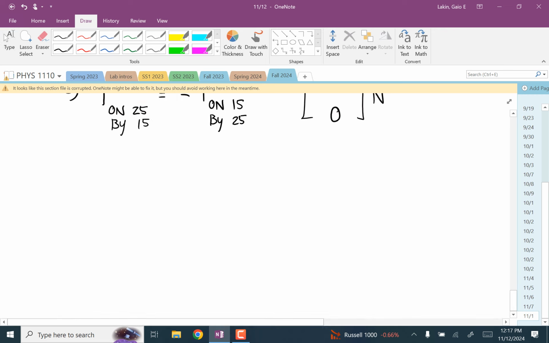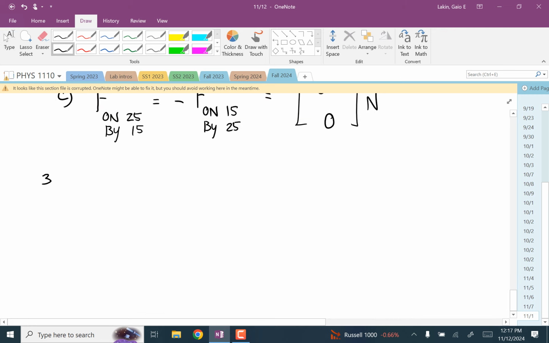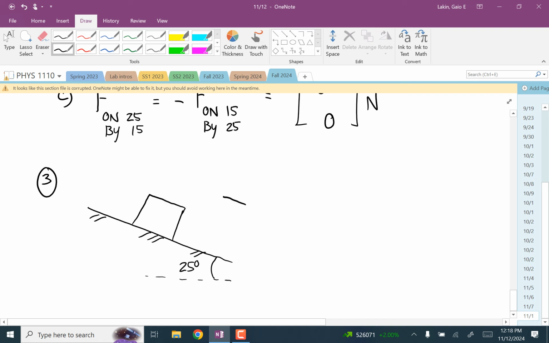Okay, then problem 3. This is one on an incline. So you have an incline of 25 degrees. And at this instant, the thing is sliding up the ramp like this.